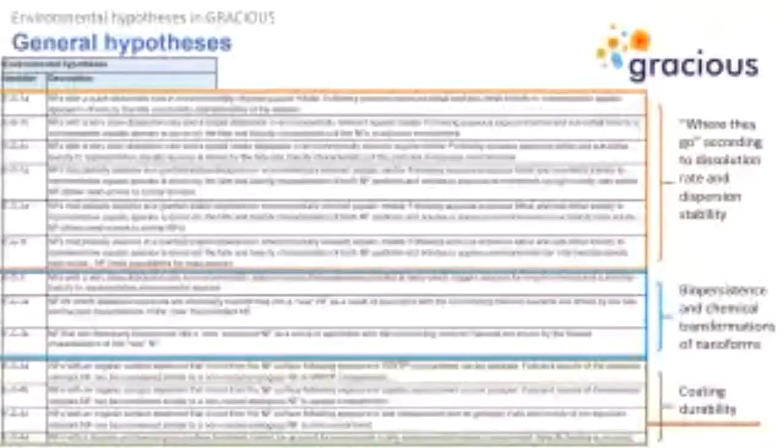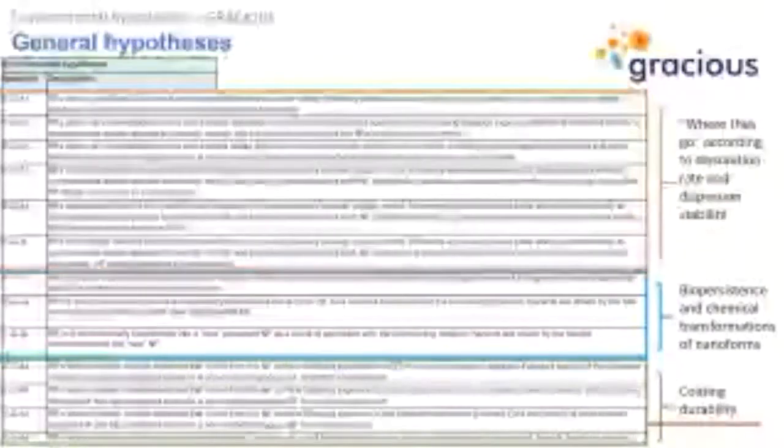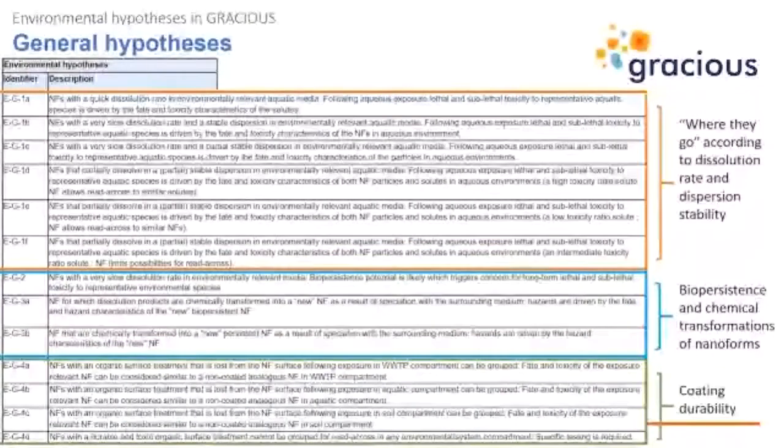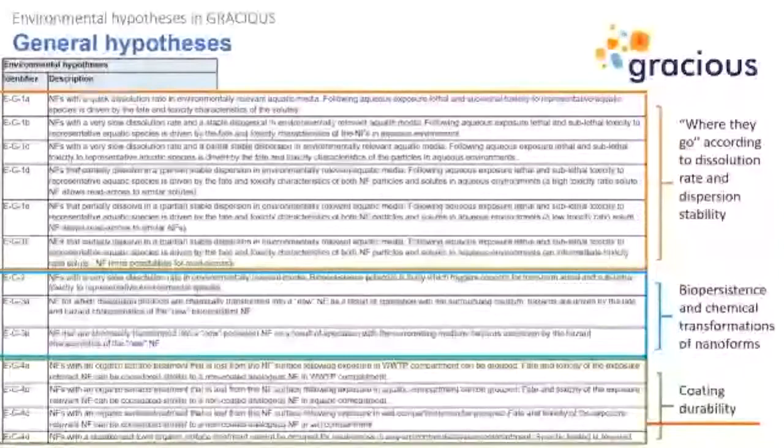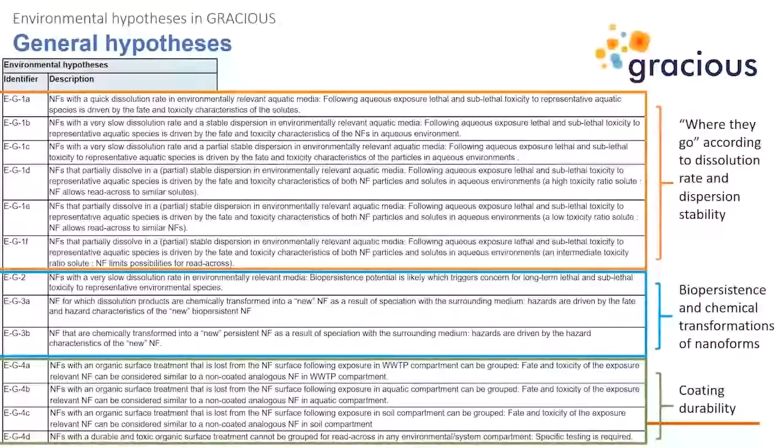In blue are hypotheses related to biopersistence and chemical transformations, whilst in green are the hypotheses which we've been dealing with specifically at UKCEH, which look at coating durability against biodegradation as a way of grouping nanoforms with different surface treatments.